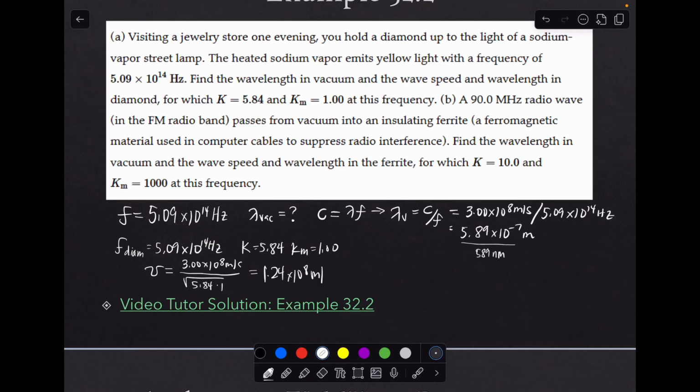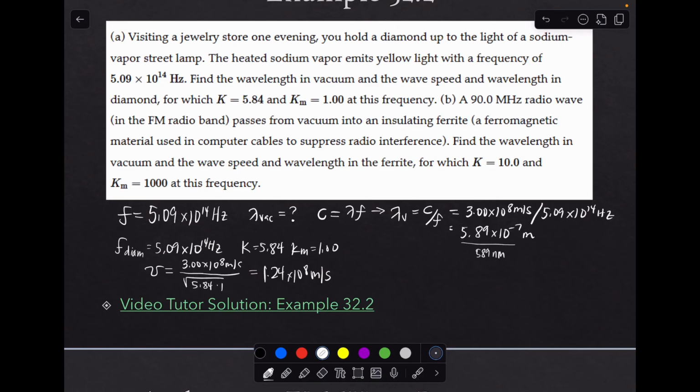So it shrunk by about a third, right? It's 1 over square root of 5.84, which is 0.4. Okay, so it shrunk by roughly a third.